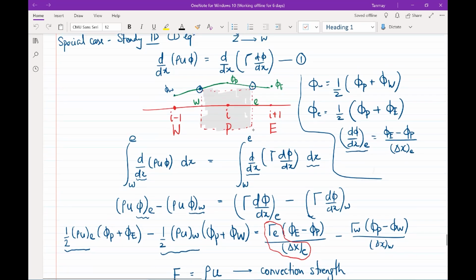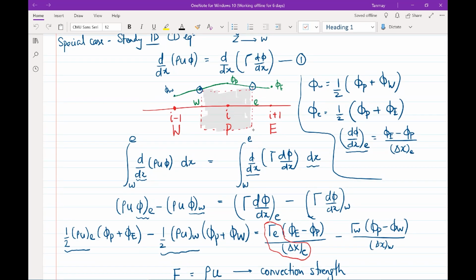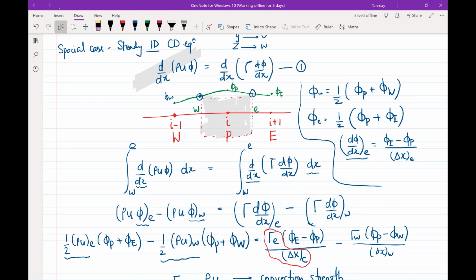So in the last lecture, we had this particular equation, which is d over dx of rho u phi equal to d over dx of gamma d phi over dx. So on the right side we had the diffusion term, and on the left side we had the convection term.